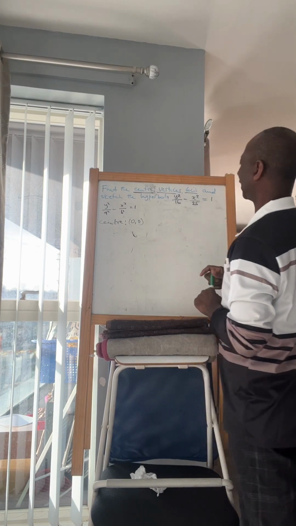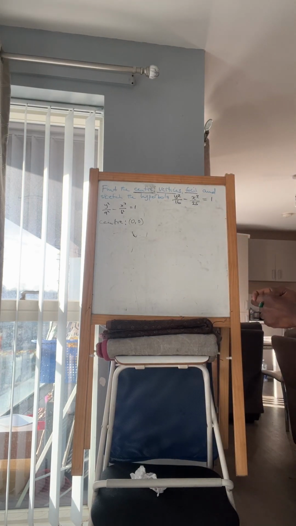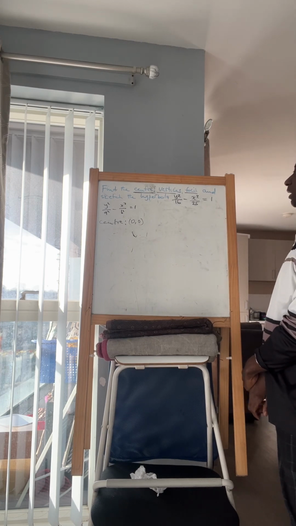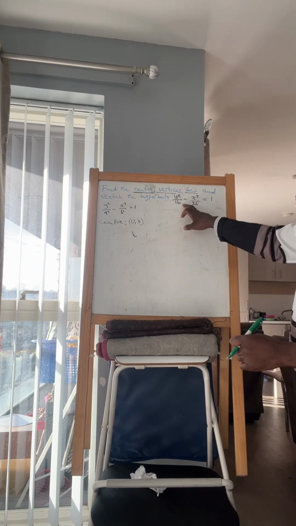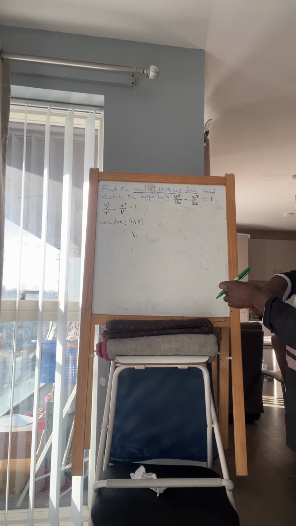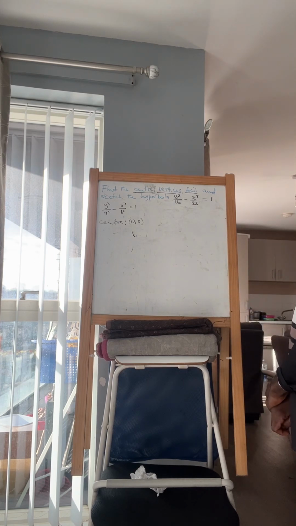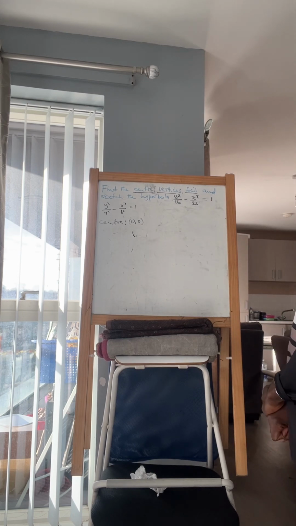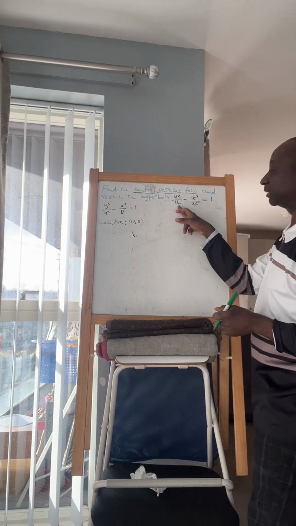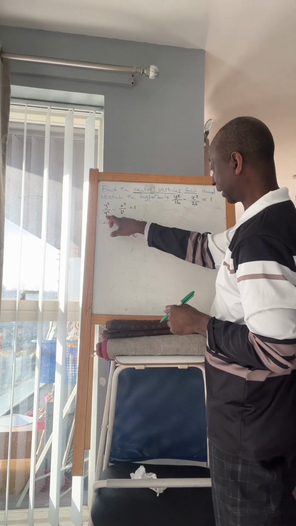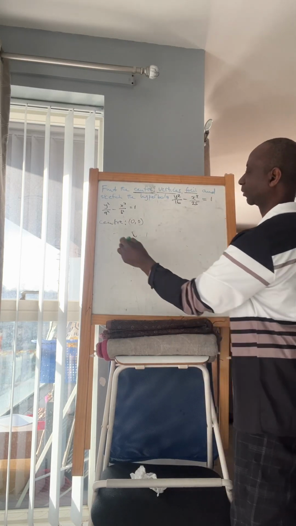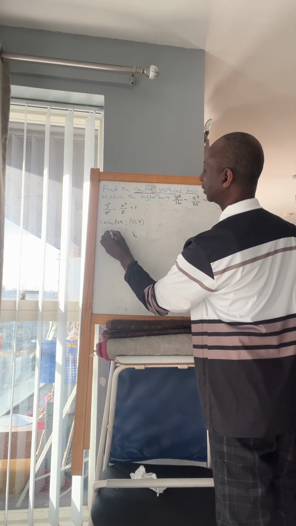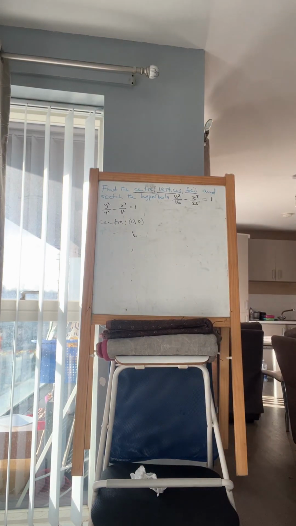The next one says find the vertices. How do you calculate the vertices? We have y squared over 16 minus x squared over 25. So a squared here this time is 16. I use the red marker, anyway, you have to excuse me.